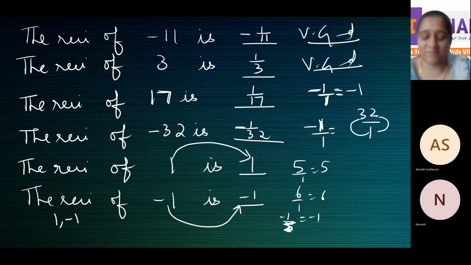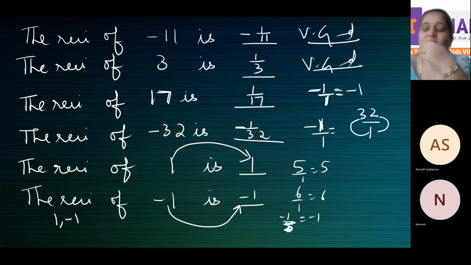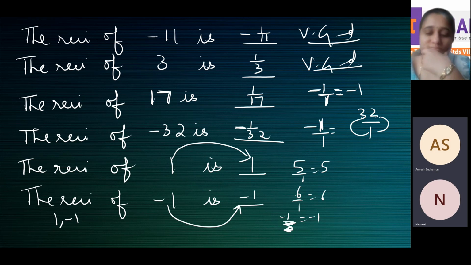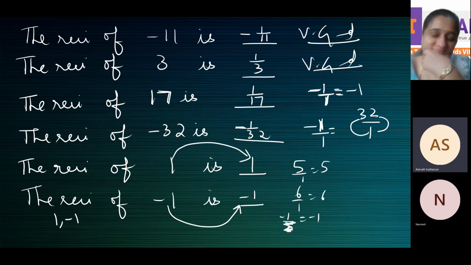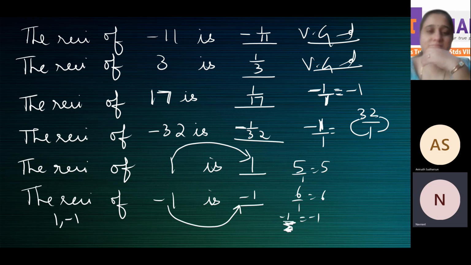Okay, you try, Navneet. Anirudh, two of it were right. The third one actually you repeated. Yes, ma'am. You repeated the same thing only, but with the minus. Okay, no problem. Navneet. Yes, ma'am. Minus 1 by 1 is minus 1 itself.